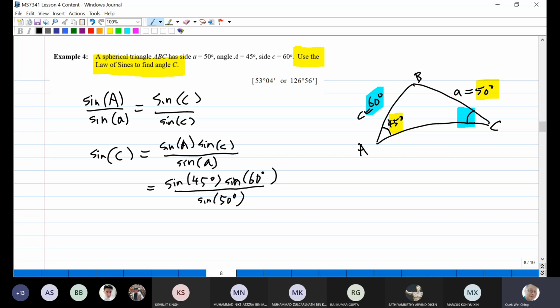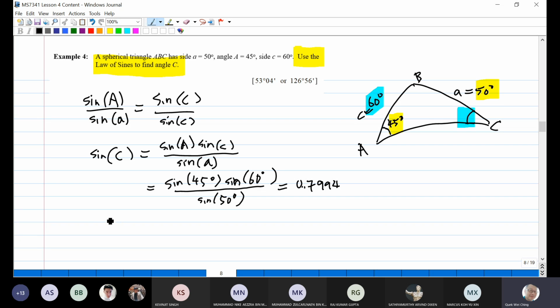Okay, this time you get 0.7994. Okay, I missed a 7 here.